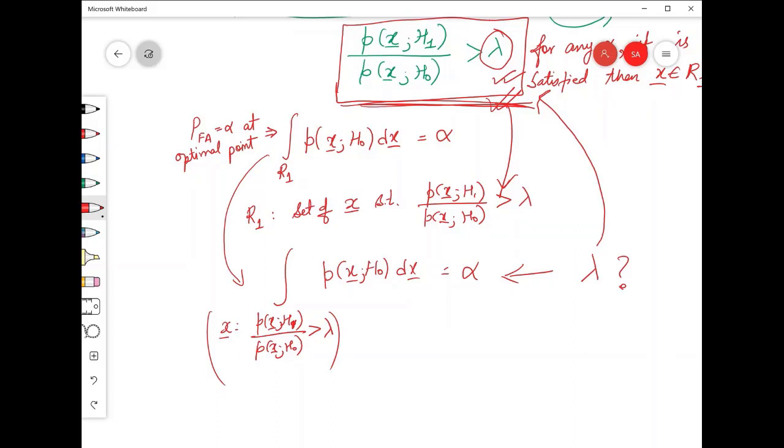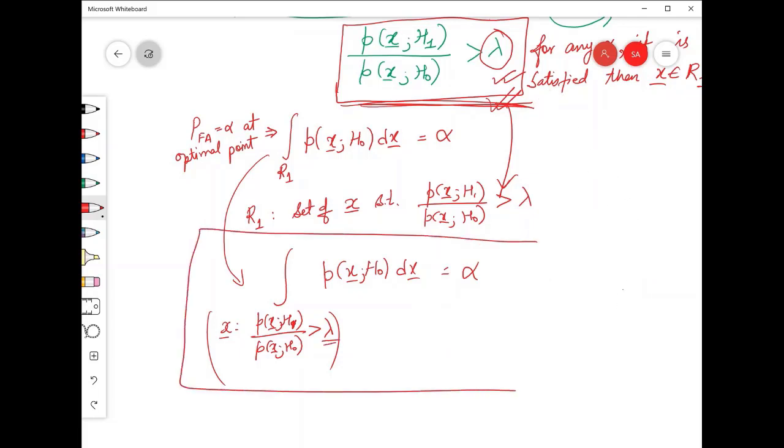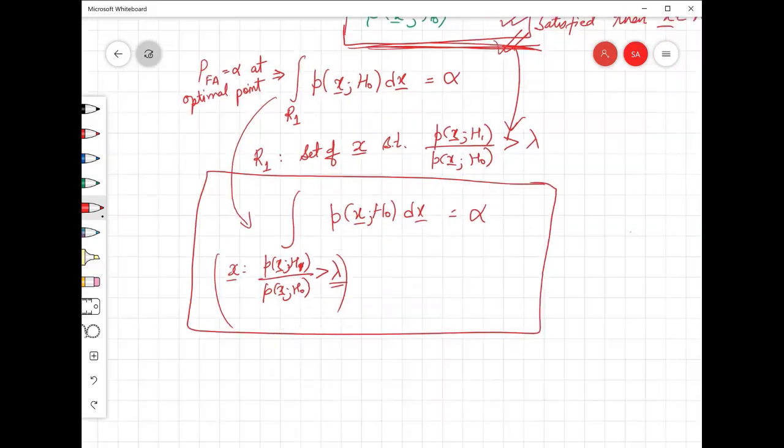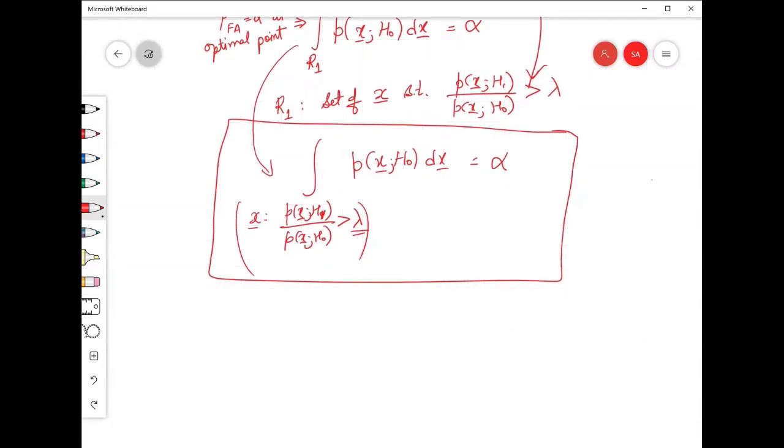Okay, actually this last step is not required, sorry. So lambda is what I get by solving this equation. First I figure out this ratio: probability of x given h1 divided by probability of x given h0.